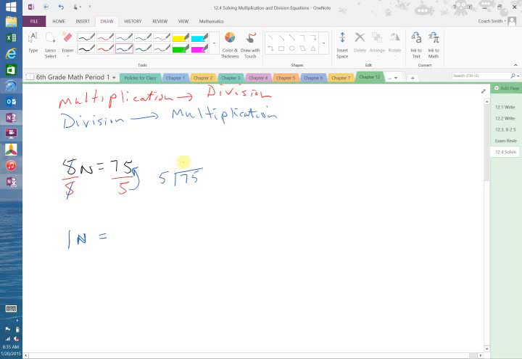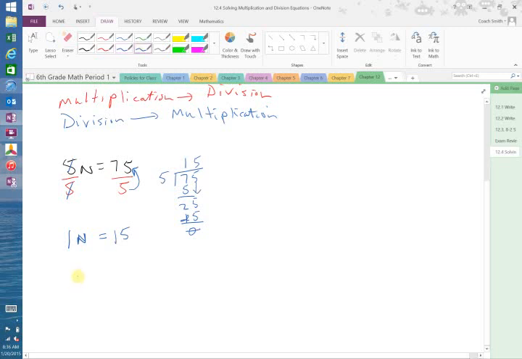Well, 5 goes into 7 one time, 5, remainder 2, bring down my 5. 5 into 25, 5 times. That would be 25. That would be a 0. And so my answer is n is equal to 15. So if I was to check that problem, I'd simply do this.